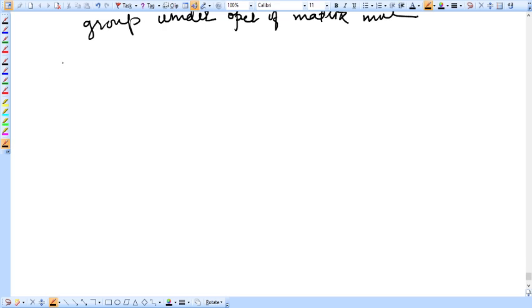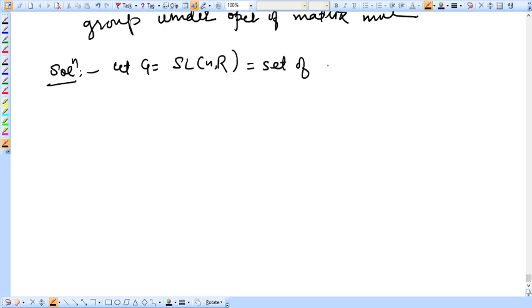So now the proof, or solution. Let G is equal to SLNR, equal to the set of all n by n matrices having unit determinant, or you can say determinant is equal to 1.